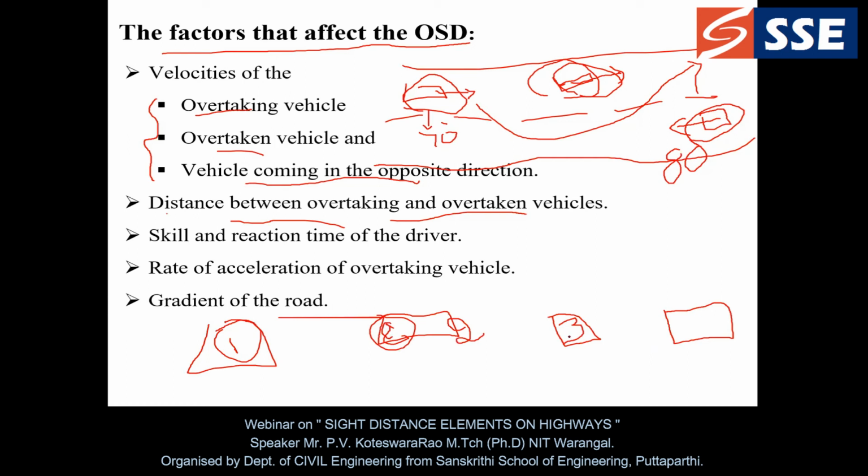If I start to overtake from 1, then I need to go into the opposite direction lane and cross this one. That means I am traveling more distance in the opposite lane, which is not advisable. Whereas at point 3, there is not enough distance for me to overtake immediately. That means the velocity of our vehicle in this overtaking process has to be very high, and we are going to accelerate the vehicle speed.